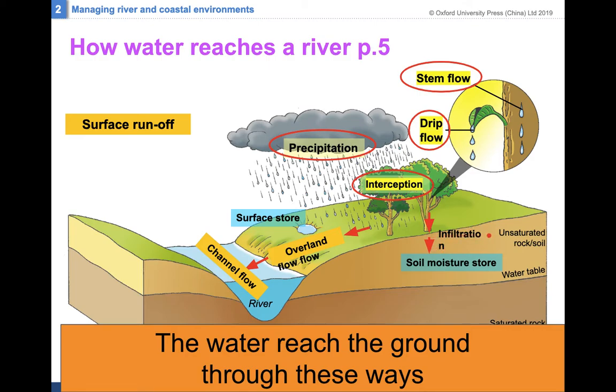So this is infiltration. Further away, just like what I mentioned, the water will go further into the soil. So here, the water going from surface to the soil, the process is called the infiltration.